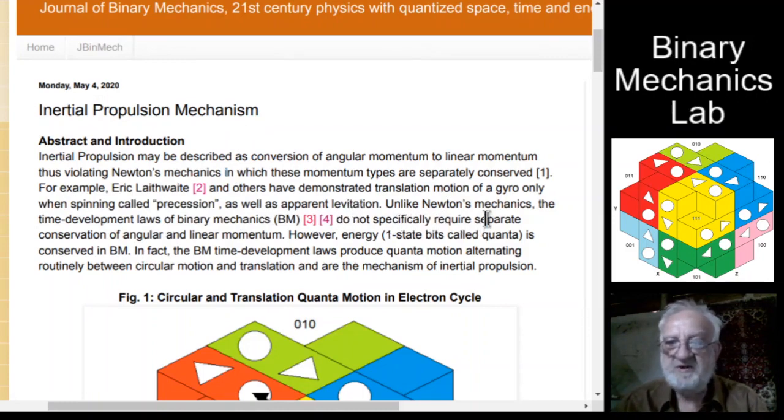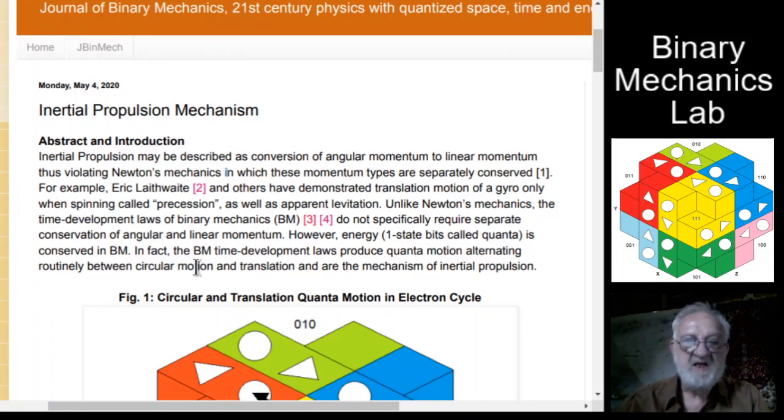Unlike Newton's mechanics, the time development laws of binary mechanics do not specifically require separate conservation of angular and linear momentum. However, energy, which is in one-state bits called quanta in binary mechanics, is conserved.